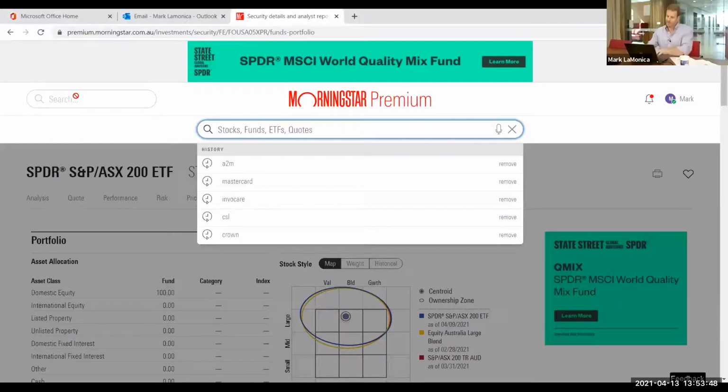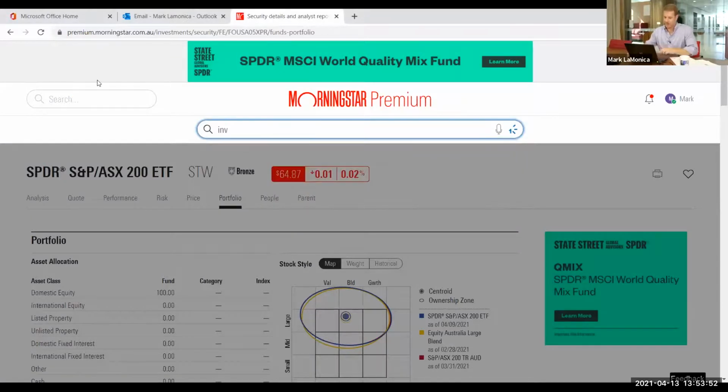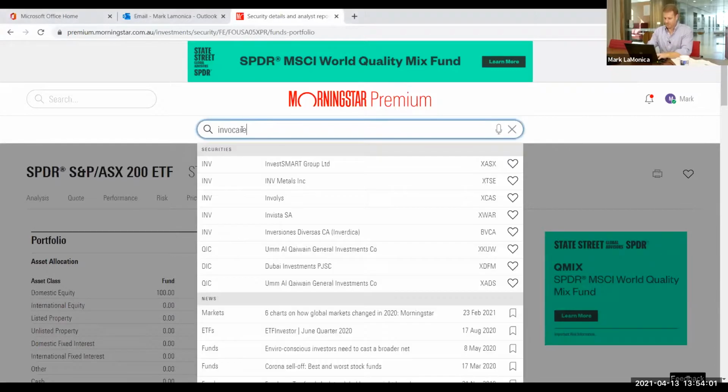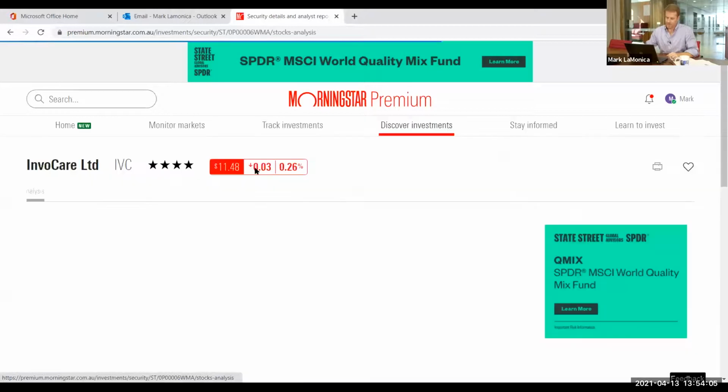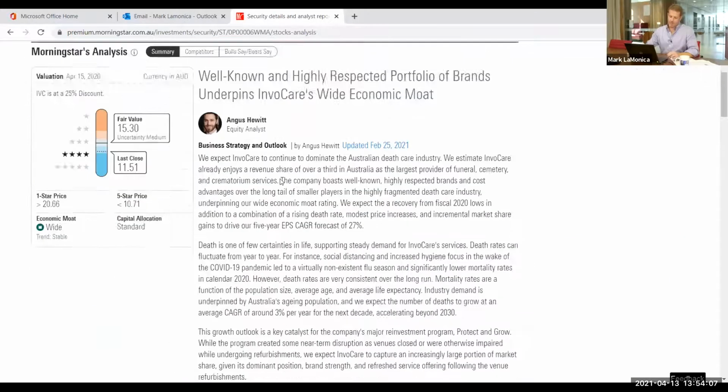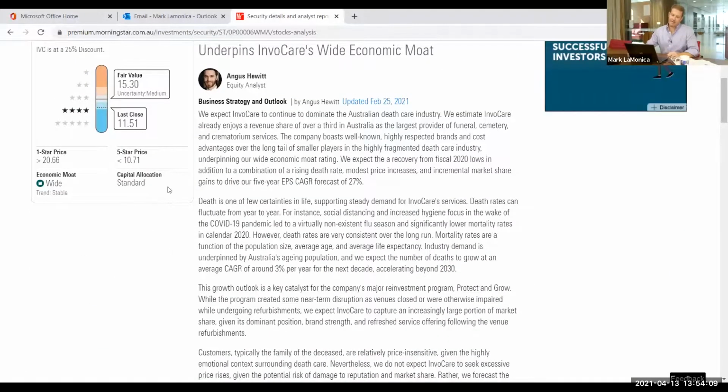So let me show you what we do. We have a capital allocation rating. If you want a rating, we've got a rating. So let's look at InvoCare again. This is like me talking up my own book because I own InvoCare. Here we go, InvoCare. All right, so the rating I did not talk about is this capital allocation rating.